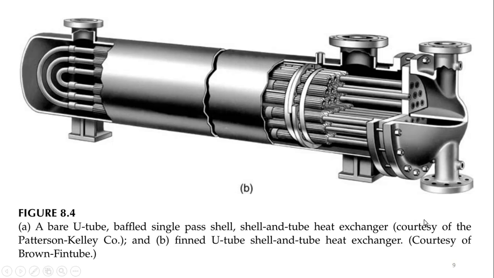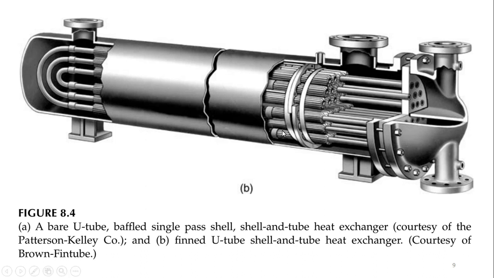Similarly, this is the second kind of heat exchanger, in which we can see the bundle of tubes, and the tube bundles have extra surfaces, or extended surfaces, or fins on the outer side of the tubes, as you can see in this shell and tube heat exchanger. These extra surfaces or fins on the outer side of the tubes are used to enhance the heat transfer coefficient that is used for the design of the heat exchanger.